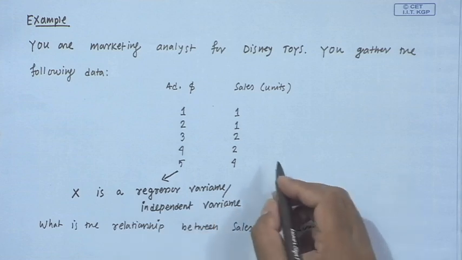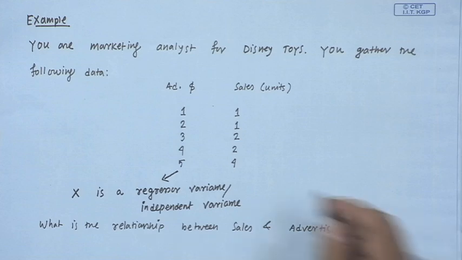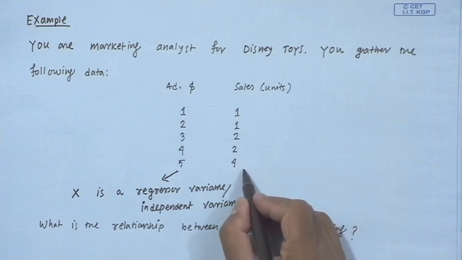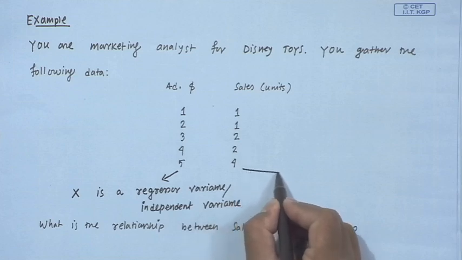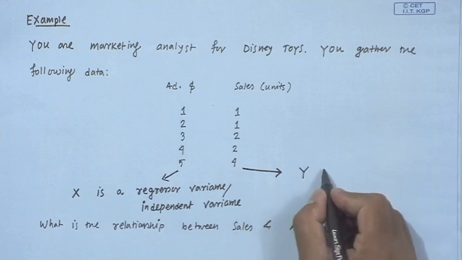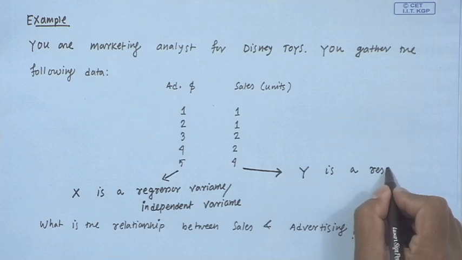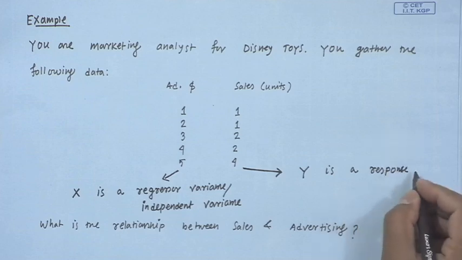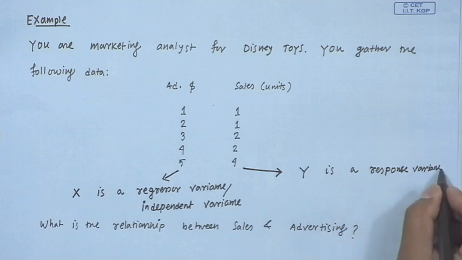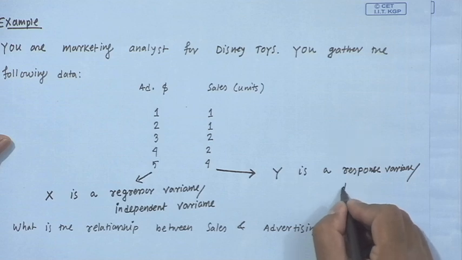Whereas the sales amount, we do not have any control on it, and this type of variable is denoted by y, and y is a response variable, and also we call it dependent variable.